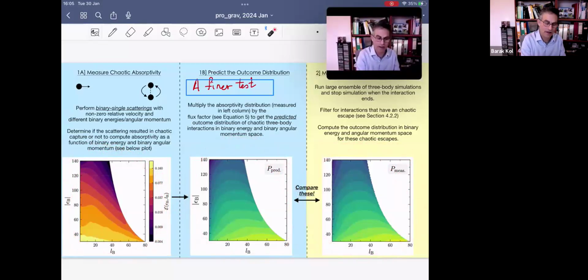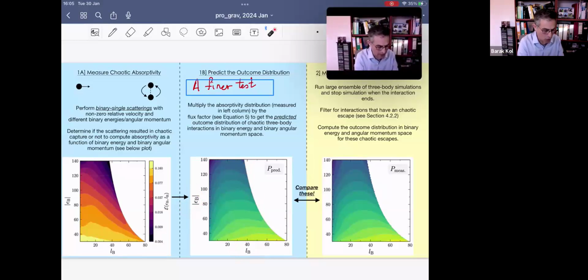And now it's a bivariate distribution. We measured the probability distribution over two continuous variables, which are the binary energy and the binary angular momentum. So the binary can go out. The remaining binary, these are the circular binaries.